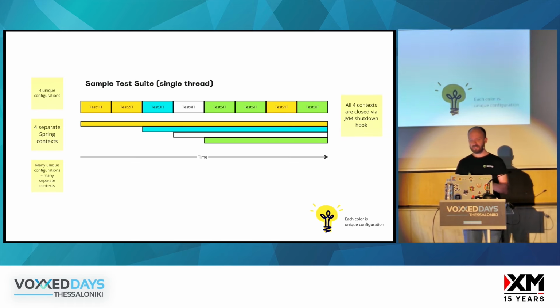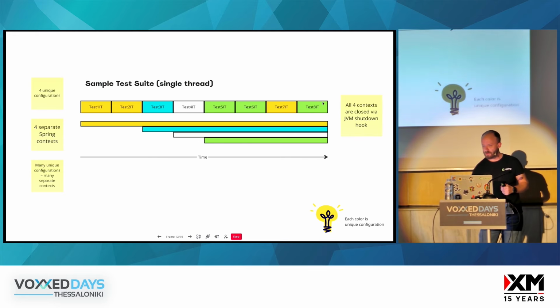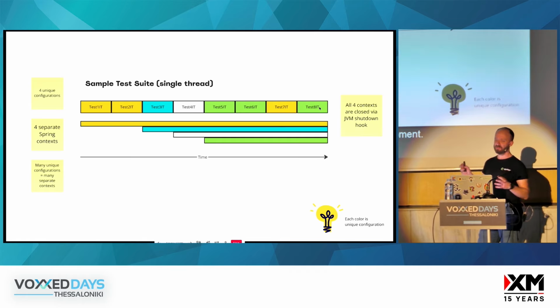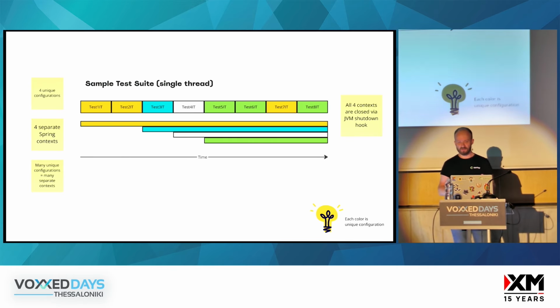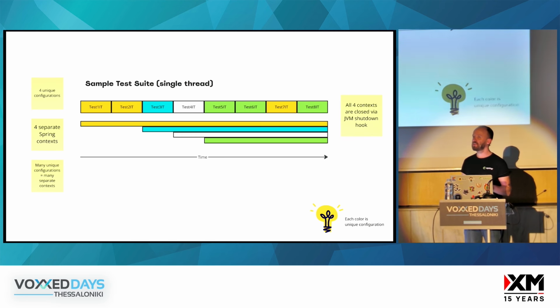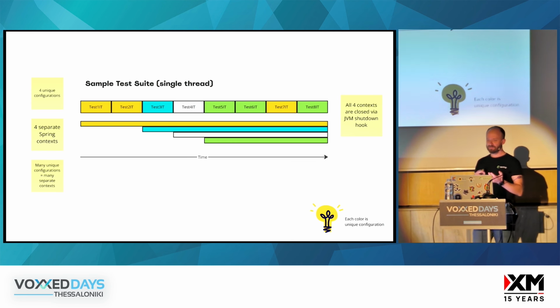What I mean is, at this moment, closer to the end of the lifetime of our test JVM, we can already observe different types of problems. First, tests conflicting with each other, sharing the same resources like fixed ports.